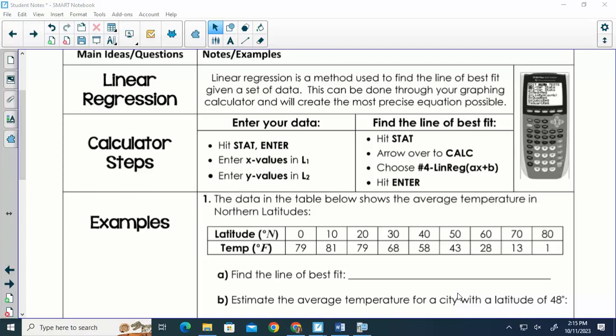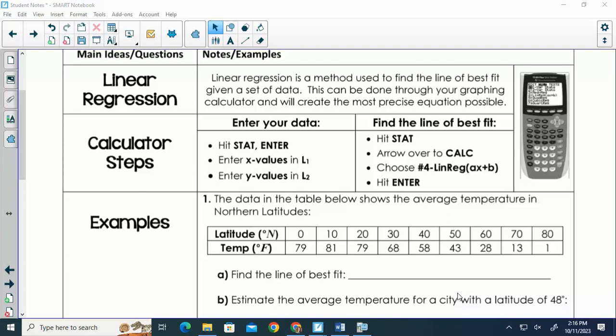All right, so there are a couple ways to do it. You might have done this before, but you probably just took a ruler and tried to draw the best line that you could, and then tried to come up with the equation from the line that you drew. But we could all do it, and none of us would have the exact same line because it wasn't a very accurate method.